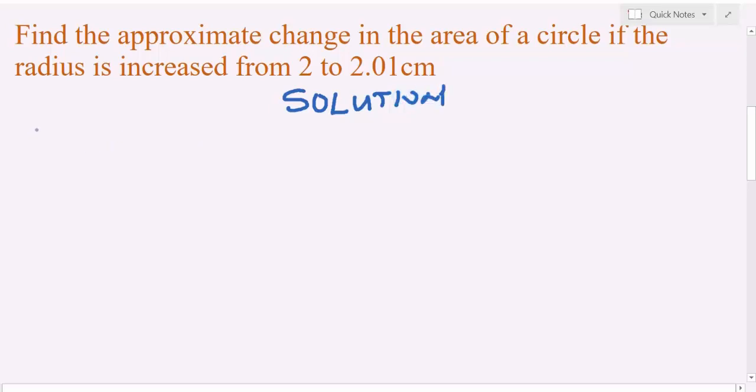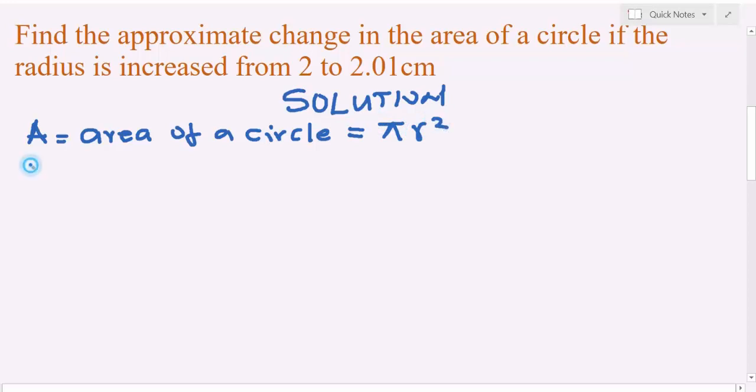So we have A. This is the area of our circle, and this is given as pi r squared. r is our radius.